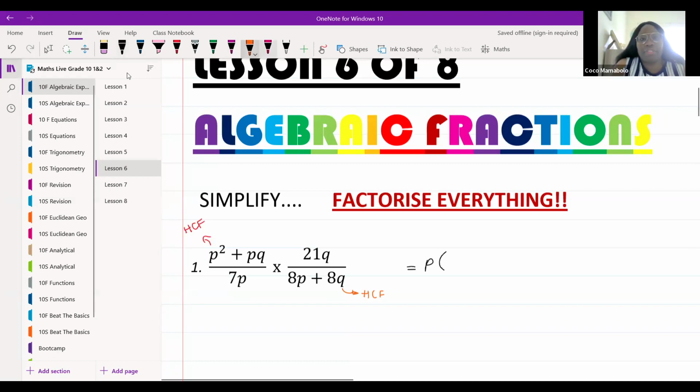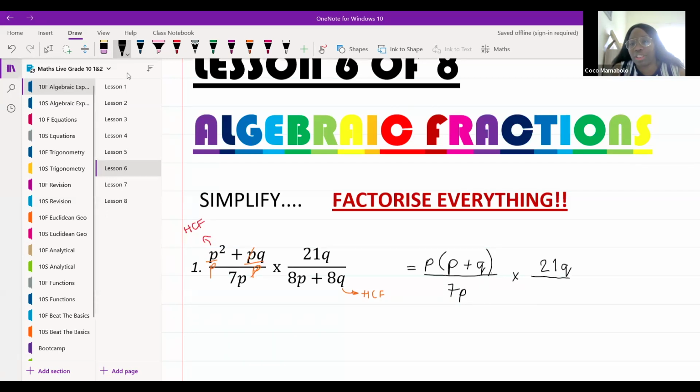Now, if I divide this part by P and that part by P, P squared divided by P will just give me P, plus PQ divided by P. The P's will cancel and give us 1q, which is just the same as q. Over 7p times, I know I don't have to factorize 821q.